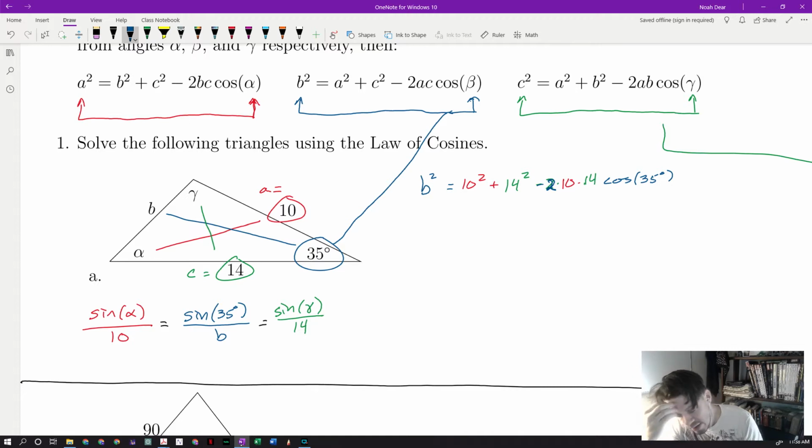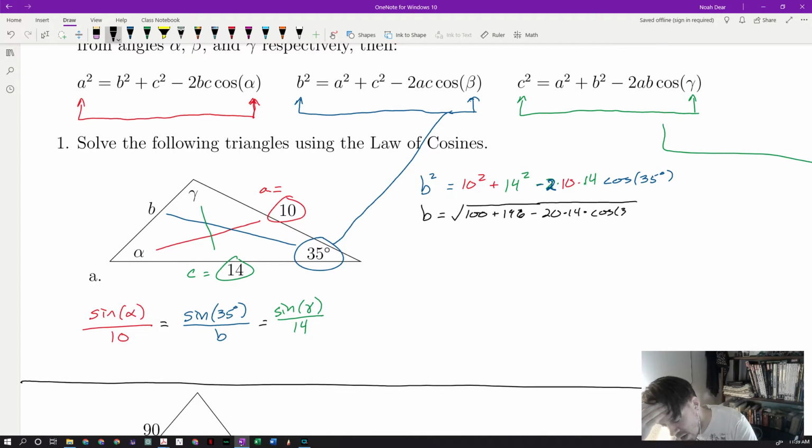Great. And this actually is really easy to solve. I just take the square root. So b equals the square root of 100 plus 196, which is 14 squared, minus 20 times 14, whatever that is, times the cosine of 35 degrees, which is not something that's on the unit circle.